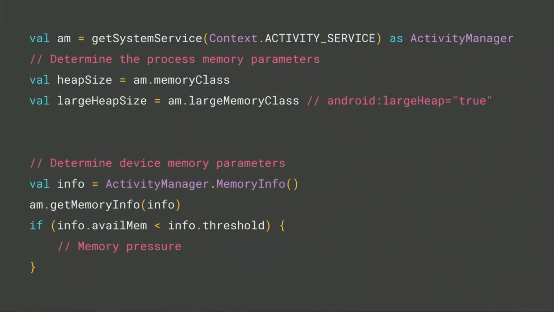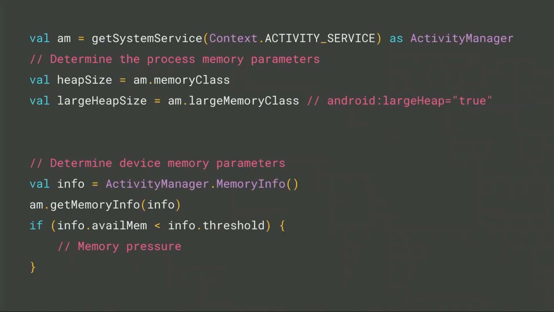Some of the things you can do to help understand your device a little bit better is use some of the activity manager methods to inspect the memory capabilities of your particular device. For example, you can use the memory class attribute on Activity Manager. This will give you the exact heap size that's available to your application. The value returned is in megabytes.